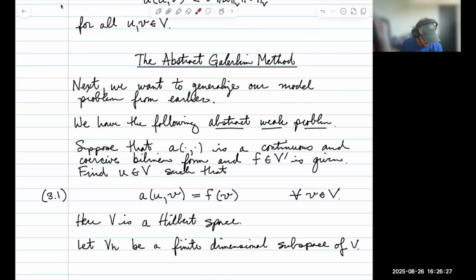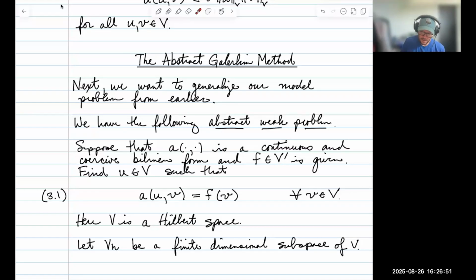And we came up with this so-called weak formulation. So our abstract problem is going to be an abstract weak problem. It's going to look like the weak formulation of the boundary value problem that we gave last time. Suppose that A is a continuous and coercive bilinear form, and F is a bounded linear functional, in the dual space of V in particular.